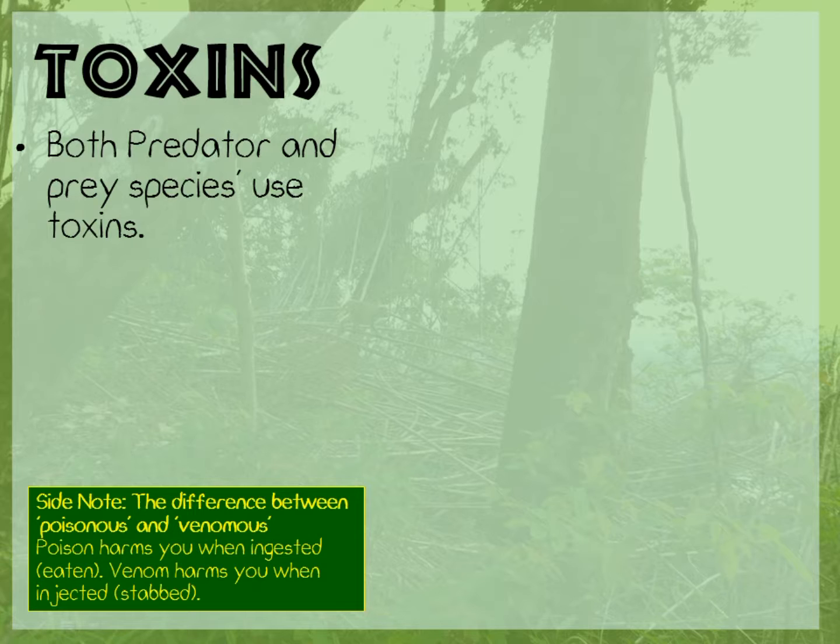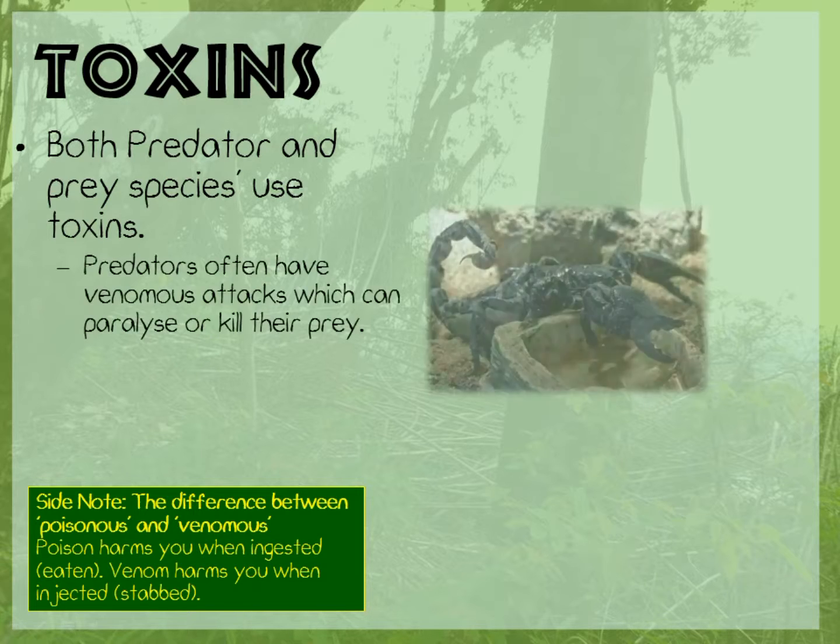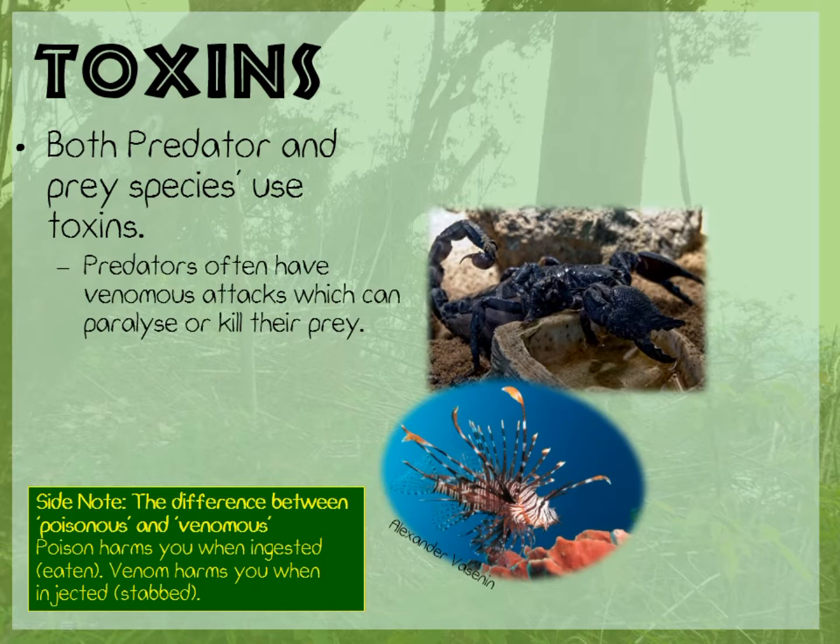Poison harms you when it is ingested, in other words, when you eat it. Venom harms you when it gets into your bloodstream, in other words, when it is injected or stabbed into you. So, as you might gather, predators often use venom, while prey tend to use poison. However, there are of course exceptions to both these rules.